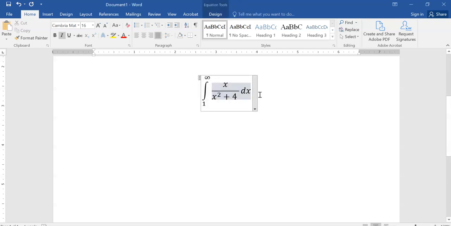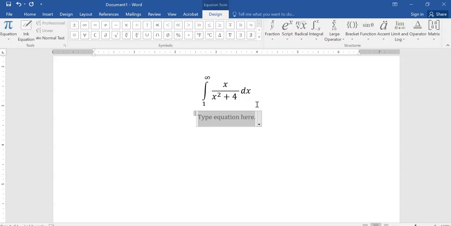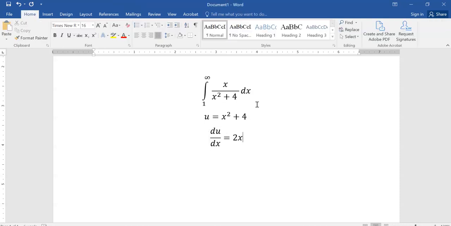Now, if we're going to do that, the easy way to do this is through a u substitution. Take u equaling x squared plus 4, and then the derivative of u with respect to x is equal to 2x. So we can replace 2x times dx with a du.